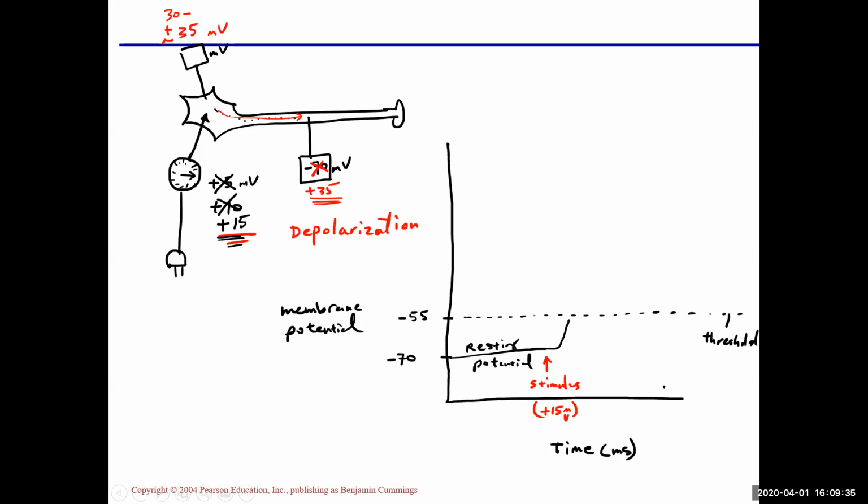This is the minimum amount of voltage necessary to get the sodium voltage-gated channel open. If you recall earlier, I mentioned that there are a lot of sodium voltage-sensitive channels on the axon hillock right over here. So when you apply enough voltage, raising it to the threshold, these start opening.